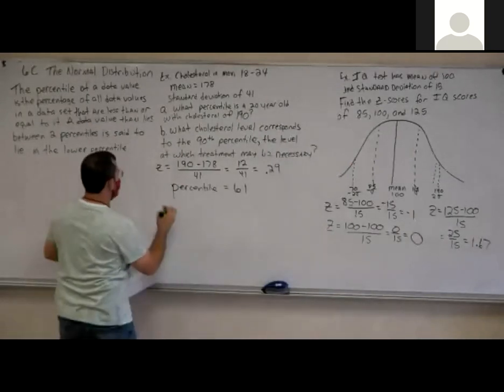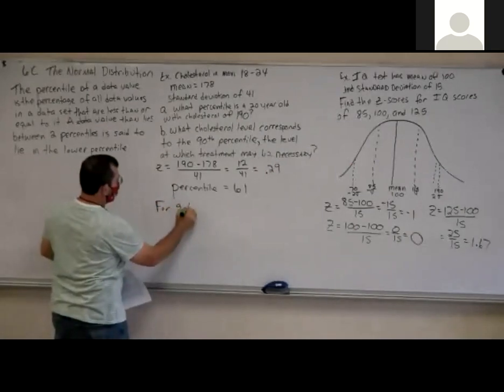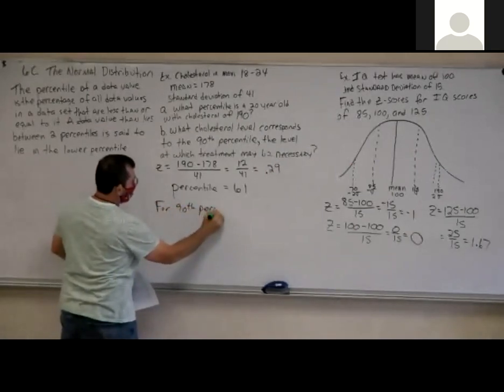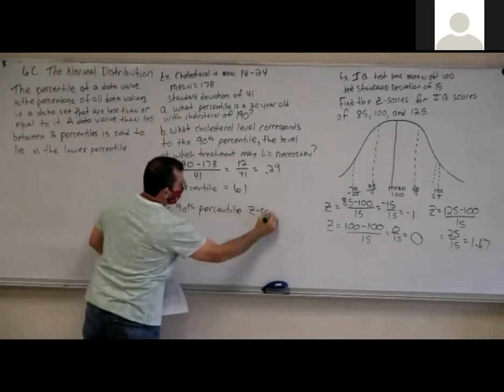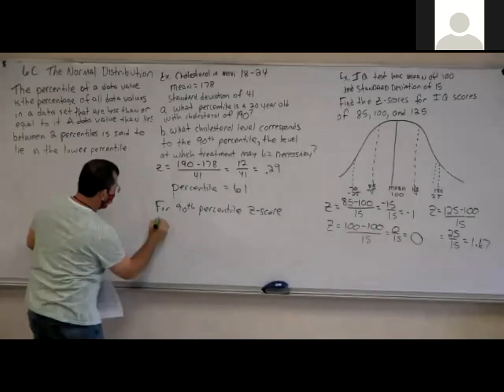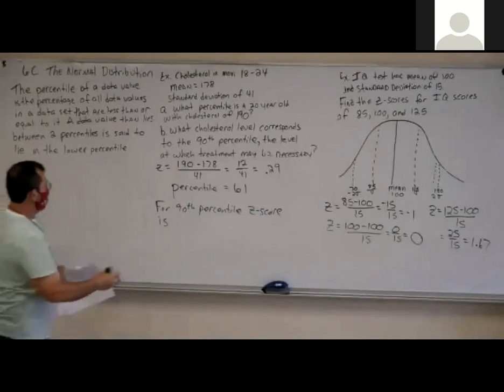So for the 90th percentile, so this would be B, the z-score is what? Find that 90th percentile, and that looks like a 1.282?